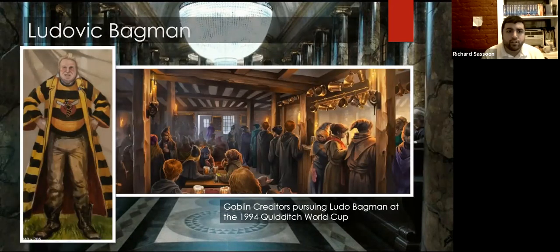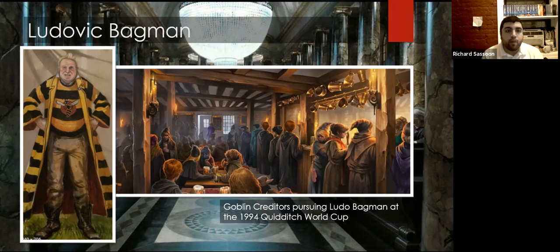There are only a couple other mentions of goblins in the text. One of them is in the book Goblet of Fire, where we see Ludovic Bagman, who is betting on Quidditch. He has a bet with the goblins that Victor Krum's team, the Bulgarians, will win the Quidditch World Cup in 1994.